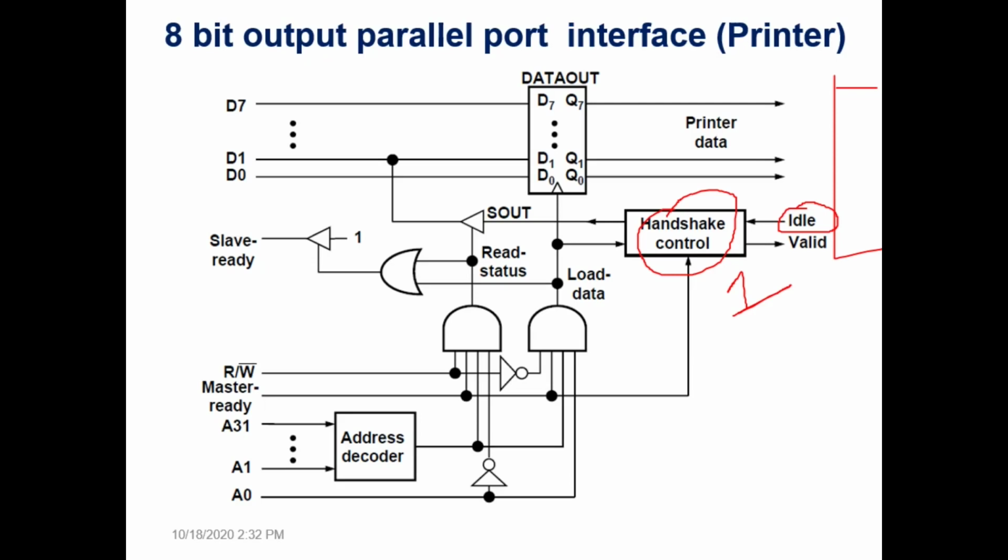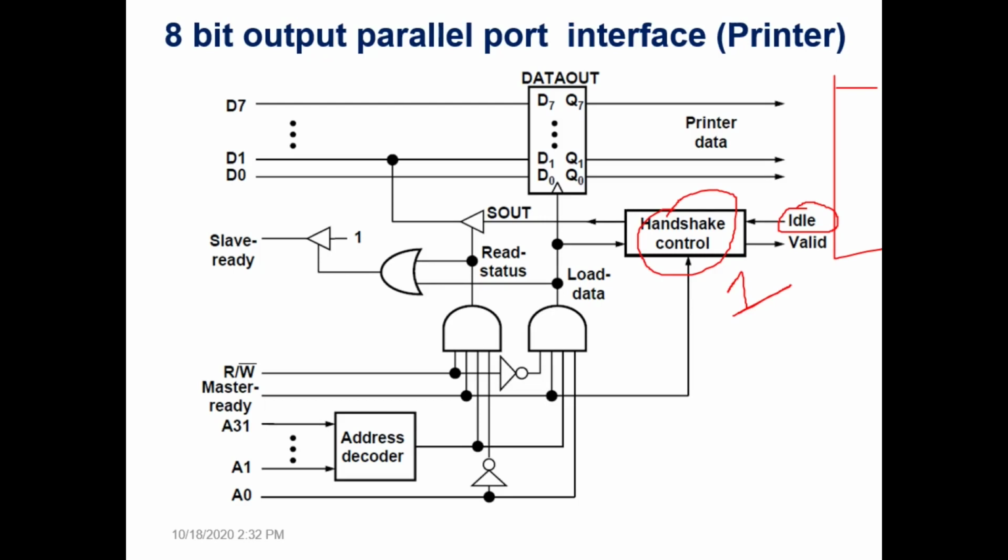One, the processor reads the status of the interface circuit of the printer to check whether the printer is free. If the printer is free, then the processor sends the data to the interface circuit, which is later sent to the printer. So the processor accesses the interface circuit twice, once to read the status and once to send the data. Now let us see how the processor reads the status of the interface circuit.